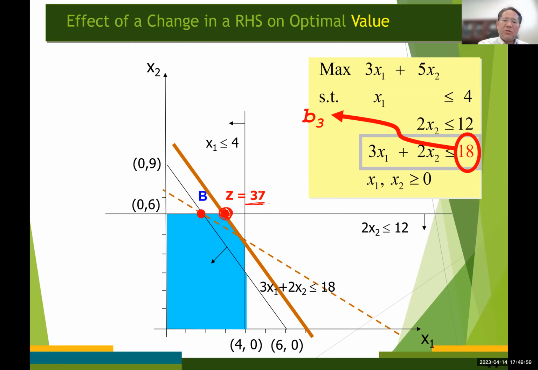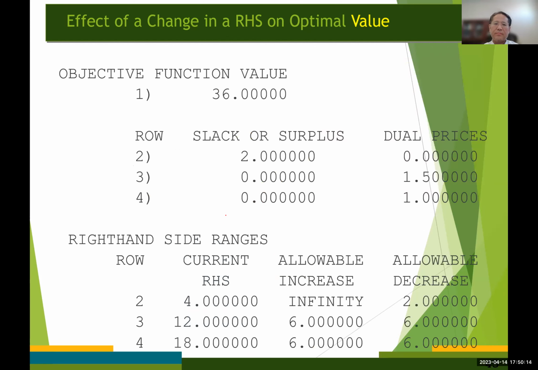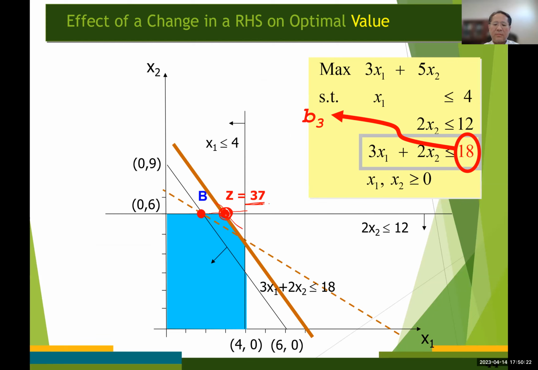Of course, at the new optimal point, both plant number 2 and plant number 3 constraints are still binding in the feasible region, right? So in this case, okay.